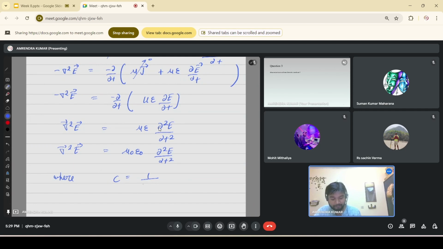Okay, let's write it down like this. So if you write mu 0 epsilon 0 in the denominator, then this is the velocity, right?